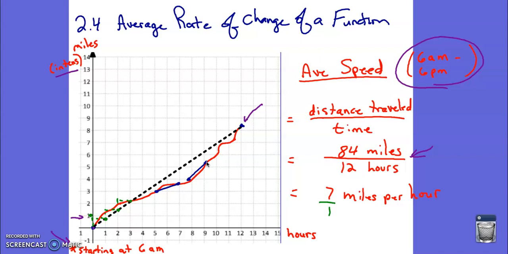Much like if we ask for the average grade change or the temperature change over a 1-hour or a 5-hour difference, it makes a huge difference. So in this particular case, I'm asking for the entire 12-hour period.